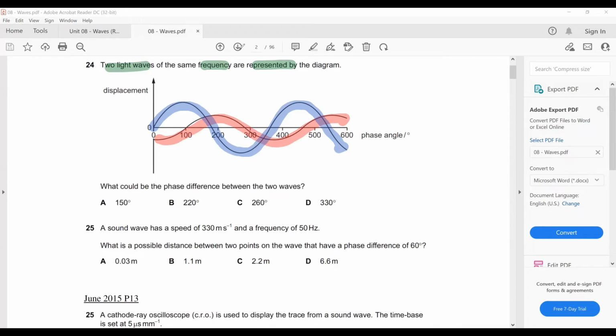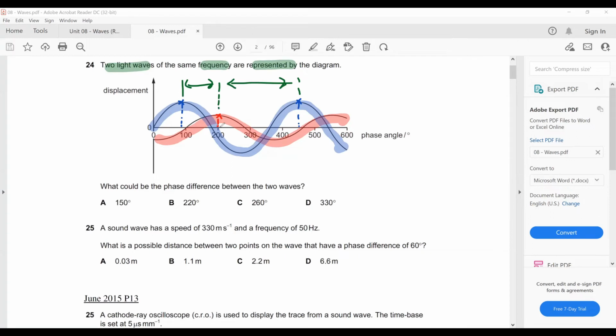What I mentioned was that you could pick the crest on the red wave. If you pick the crest on the red wave, you should be picking the crest on the blue wave too, which is this one. Okay, so what is the phase difference between the 2 waves? That one I mentioned is this one and this one, right?